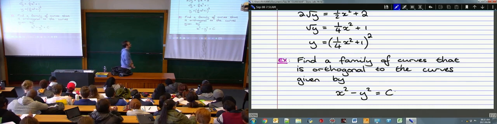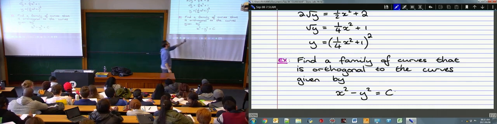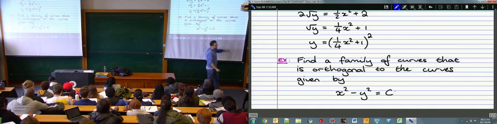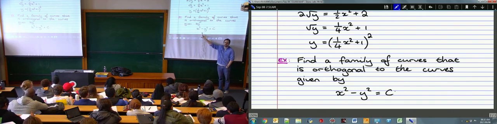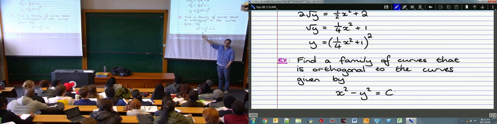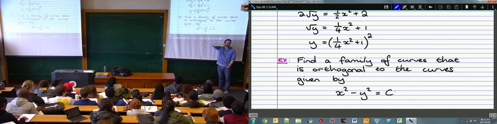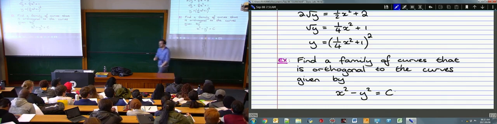We want to find a family of curves that's orthogonal to these curves over here. So what are these curves over here? Hyperbolas. Yeah, that's right. So these are hyperbolas.